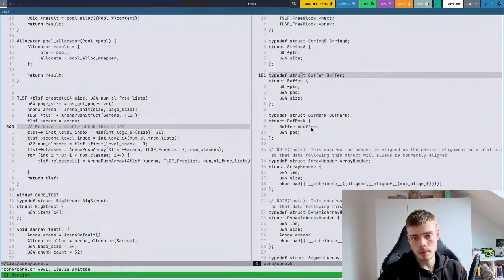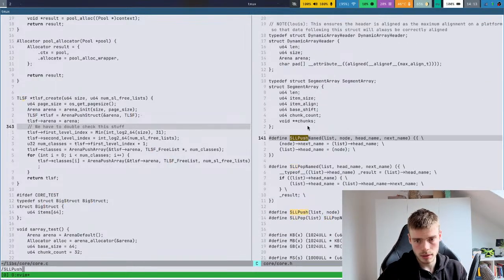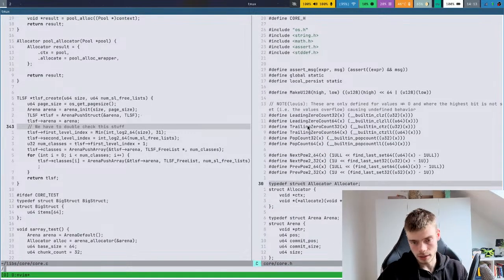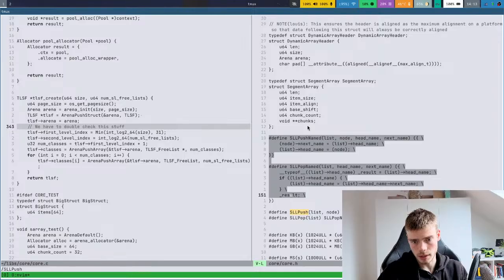So this is a doubly linked list. I had macros for lists with a single link, SLL push. We also need this for a doubly linked list.